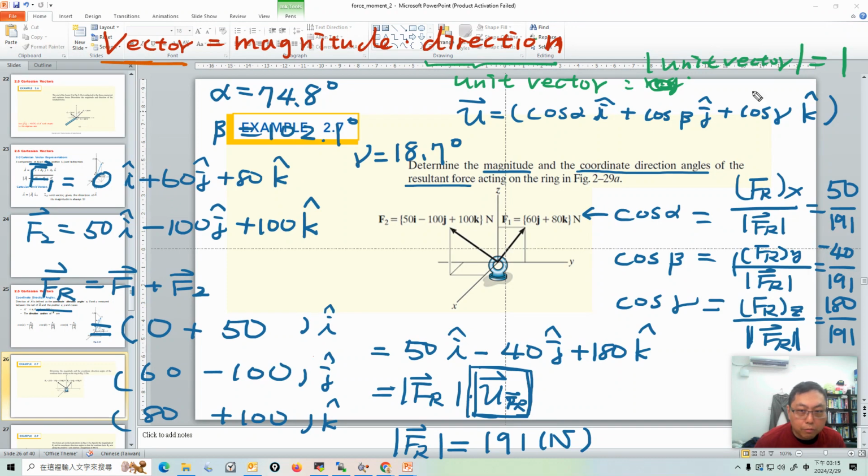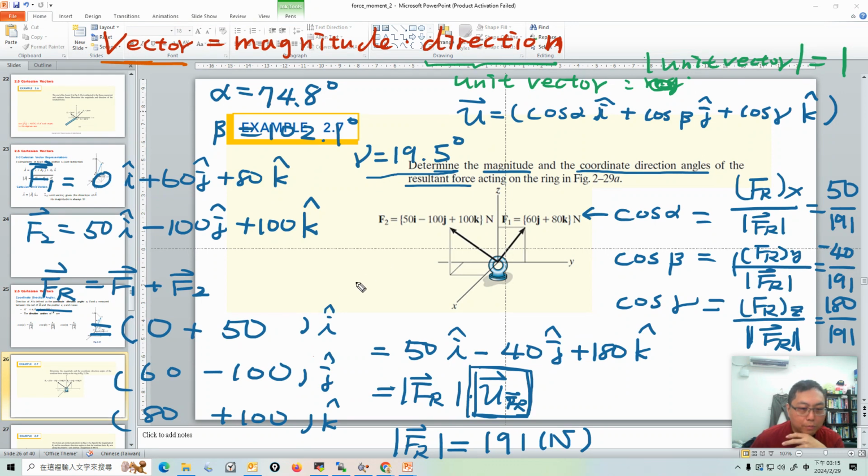Maybe I made a little mistake here. So sorry, the gamma is 19.5 degrees instead. I think that's the more correct answer.